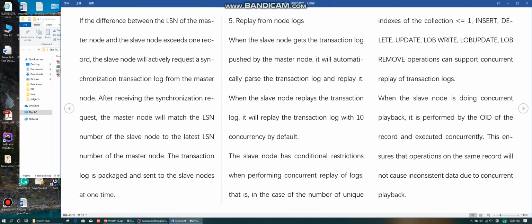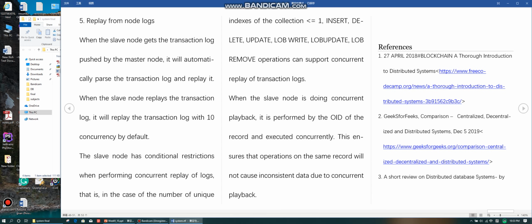When the slave node gets the transaction log pushed by the master node, it will automatically parse the transaction log and replay. And when the slave node is doing concurrent playback, it is performed by the OID of the core and executed concurrently. That ensures operations on the same core will not cause inconsistency of data due to the concurrent playback.